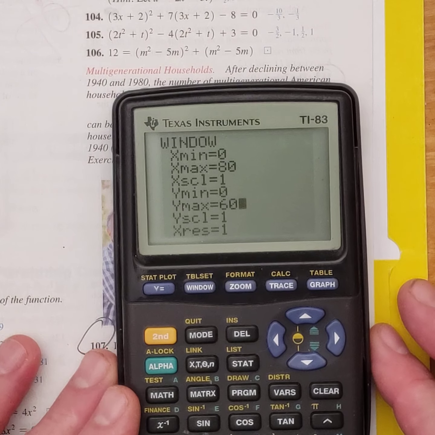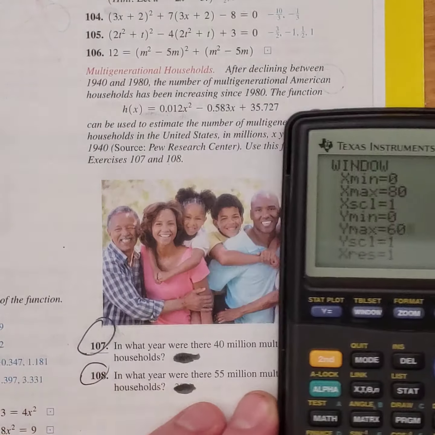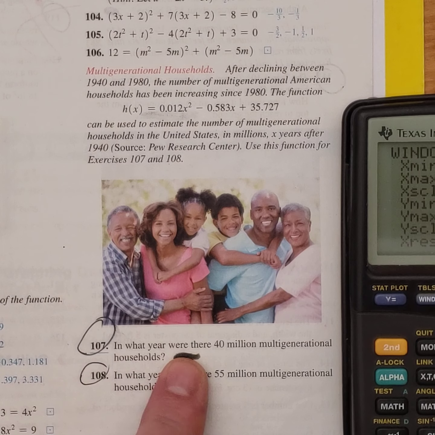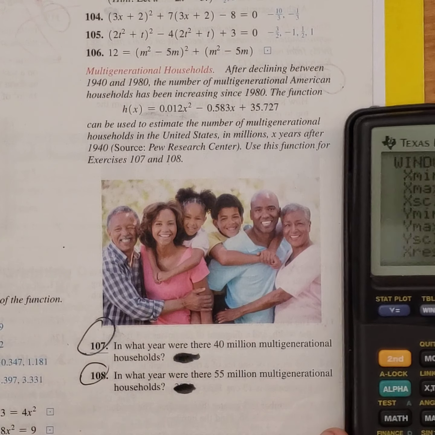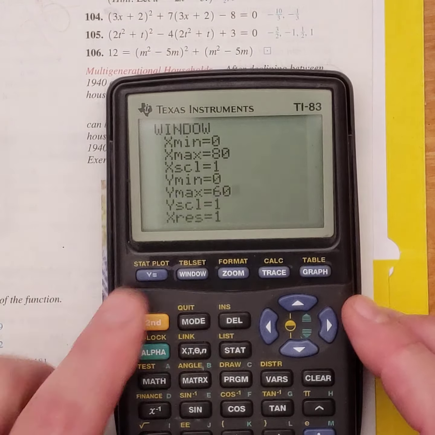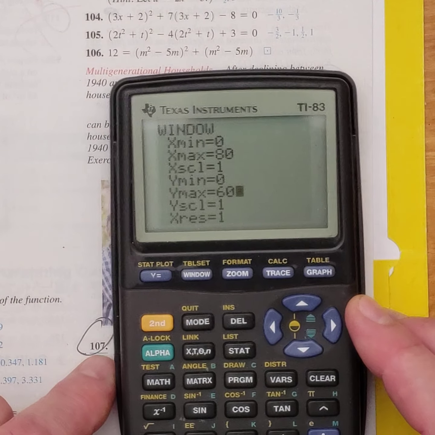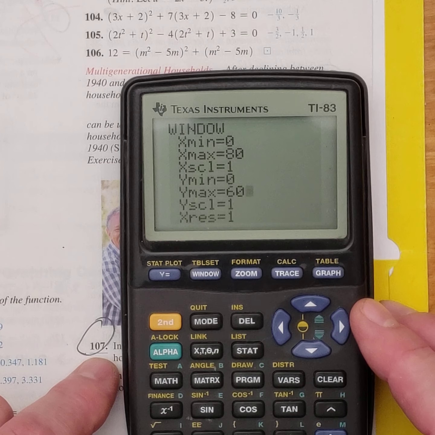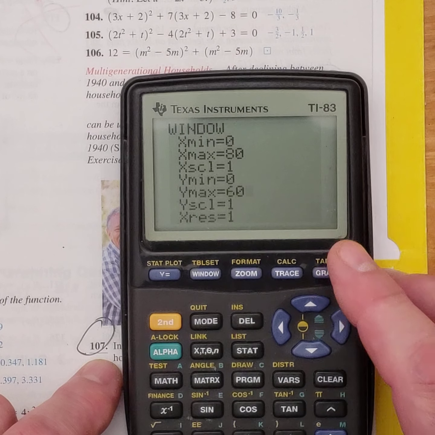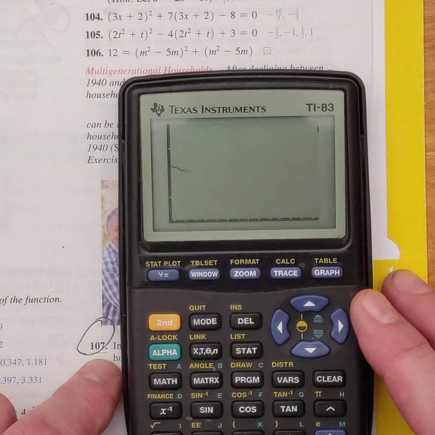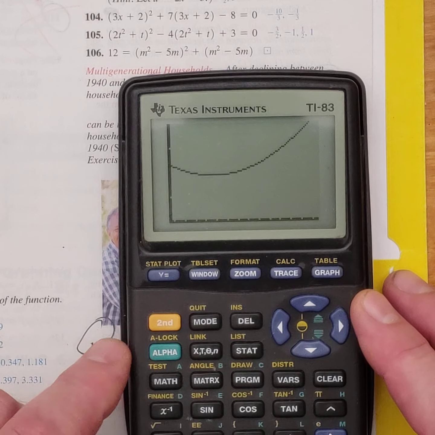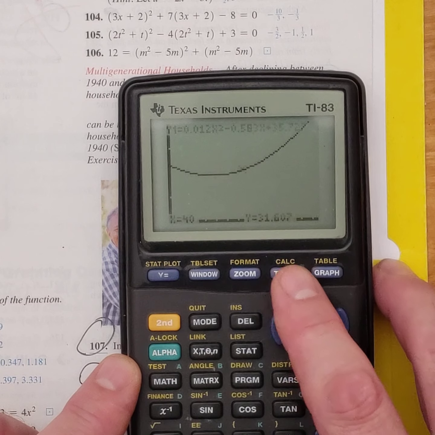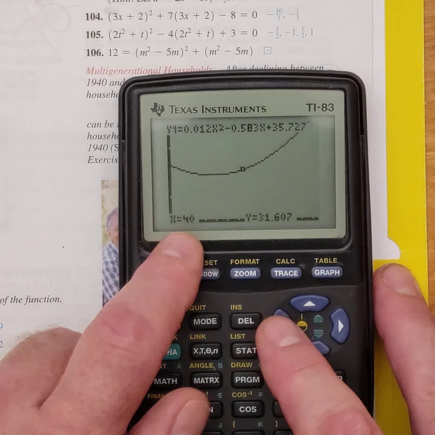Another place we can usually look is the questions we're being asked. It's asked when will it reach 40 and when will it reach 55. So that tells me that I need to set my y max high enough that I can see 40 and 55. Okay, so let's go back to the graph. The graph goes down, comes back up, and I can use trace, as always, to find points on the graph.